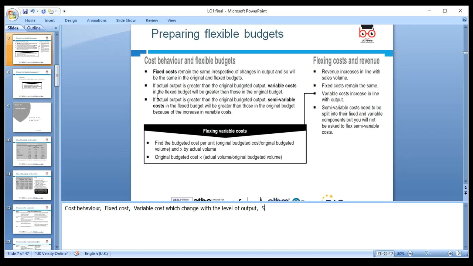Then semi-variable cost. What is semi-variable?